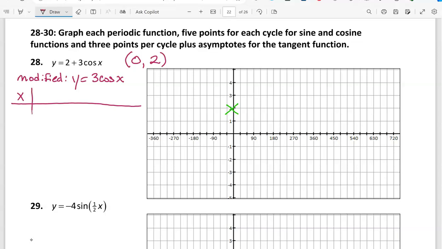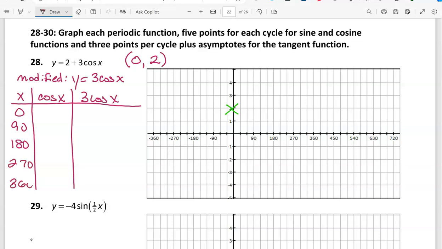So for my table of values, x, cosine x, and 3 times the cosine of x, I'm going to use my quadrantal values for the inputs to the cosine, so 0, 90, 180, 270, and 360, and then take their cosines: 1, 0, negative 1, 0, and 1, and then multiply each by 3.